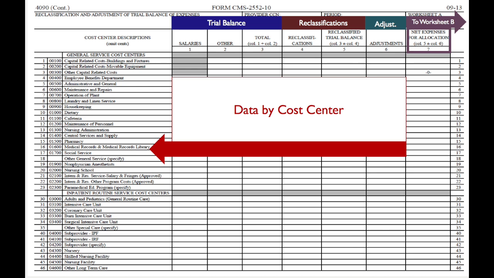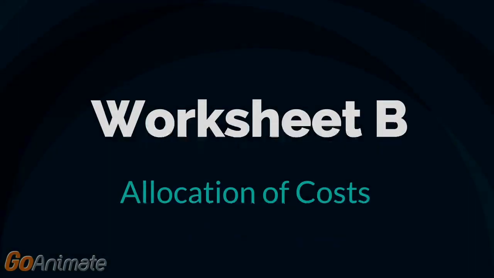After making these changes to the trial balance, we have column 7, which is the net expenses for allocation. So this is going to move into worksheet B, which is going to be the basis for the cost allocation. So I want you to keep in mind column 7 right now because it's going to appear again.